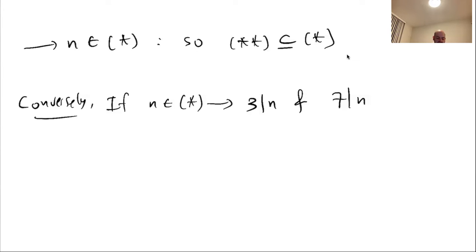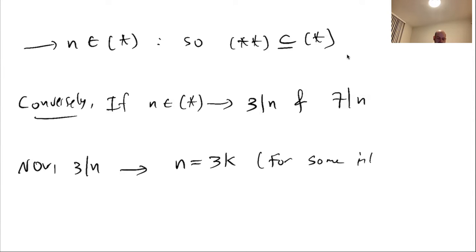Now, let's consider the first fact. 3 divides n means what? It means you can write n in the form of 3k for some integer k.